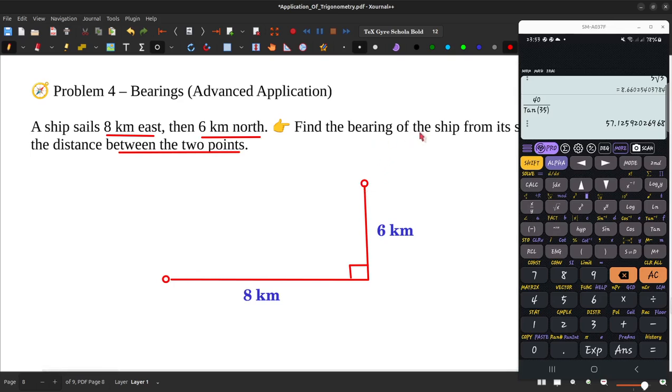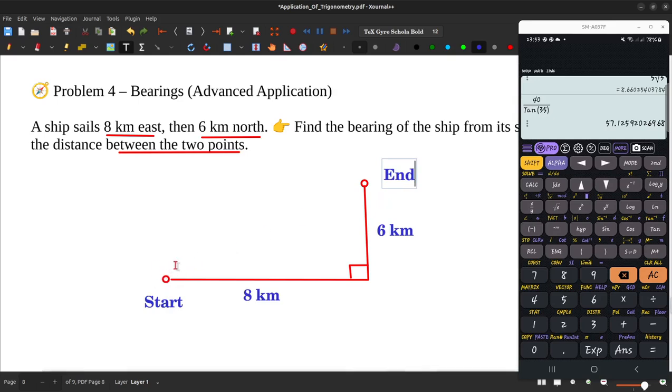You are going to find the bearing. Just draw a north line from the starting point. This is the starting point, and that's where it ended.